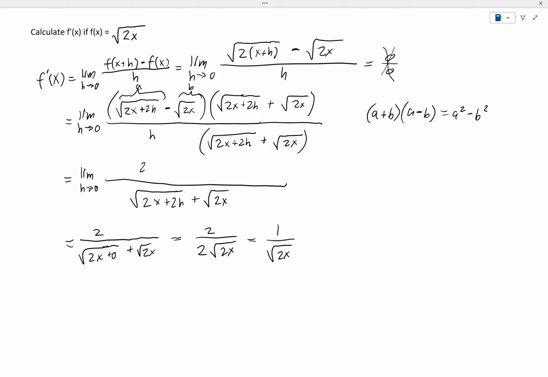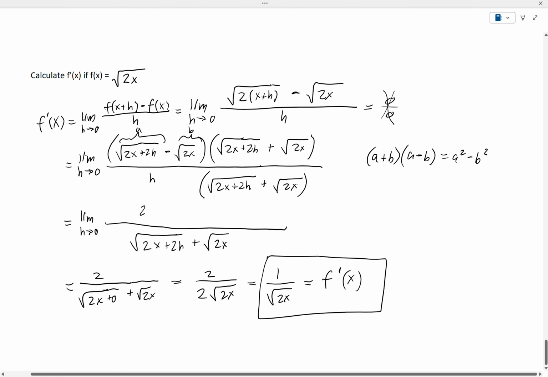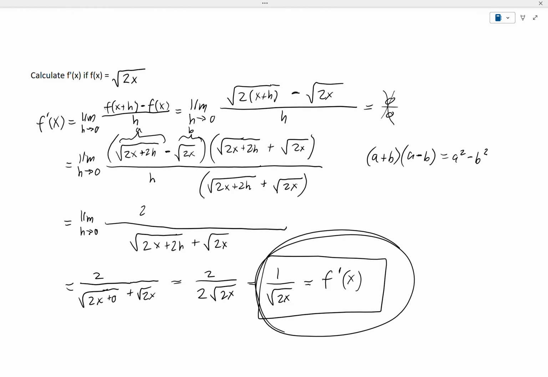And that's it. And the fact that we didn't get some indeterminate form, we got an actual answer, is good, because this is the derivative of f with respect to x. And we had to use conjugates because we had an indeterminate form, but this is the final answer down here.